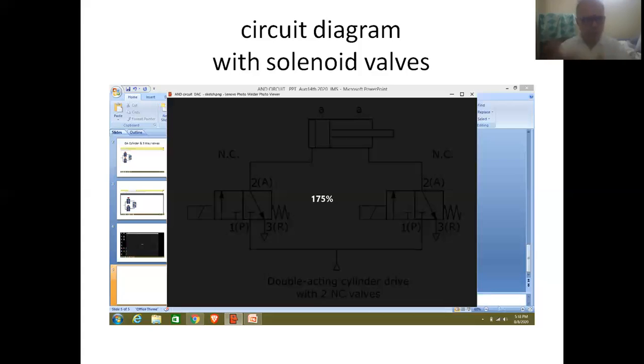If the plunger moves in the reverse direction, the valve will come to the first position, and if the plunger moves in the forward direction, in this arrangement, the valve will come to the second position.